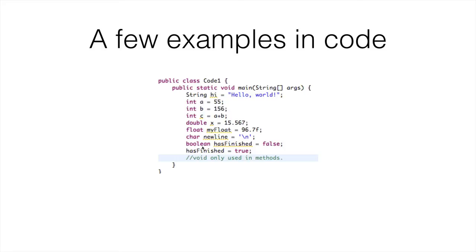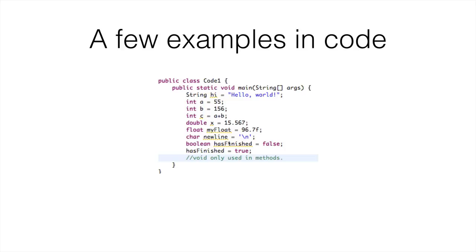Then we have a boolean called has finished, and it equals false, and then we change its value to true. This is an interesting concept here that I haven't explained yet, but I thought was maybe self-explanatory, and maybe you could just understand it from seeing it. But if we have a data type, we are creating a new variable.